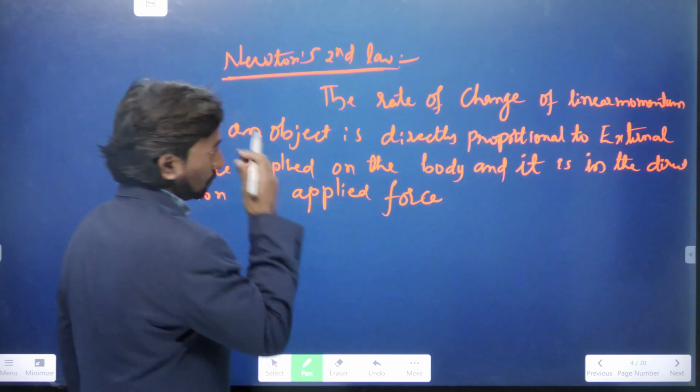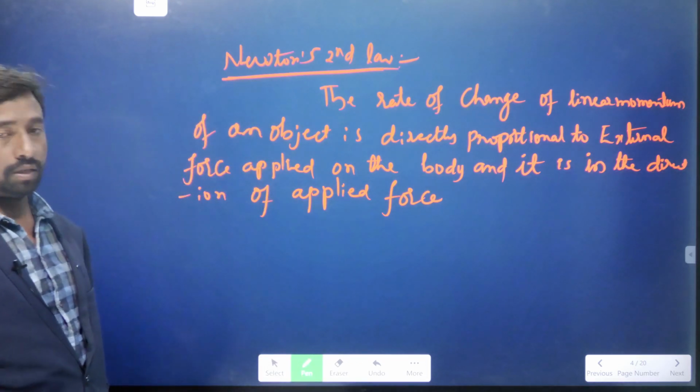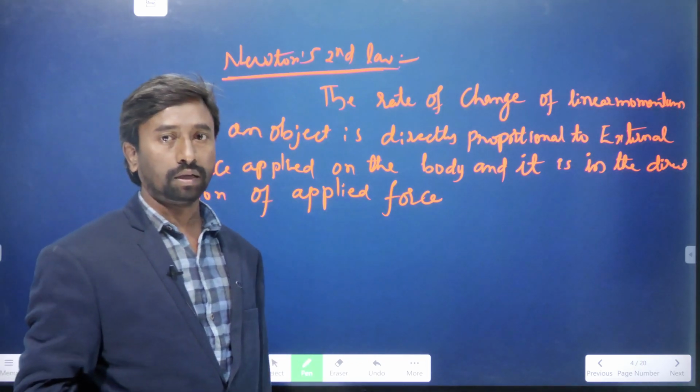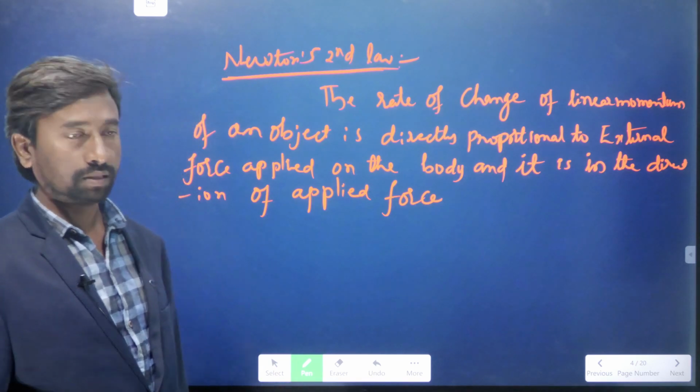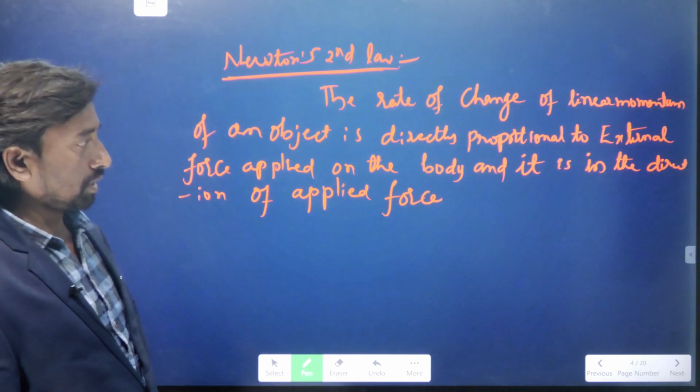Okay, so this is the statement of Newton's second law. The rate of change of linear momentum is directly proportional to the external force applied on the body, and it is in the direction of the applied force.